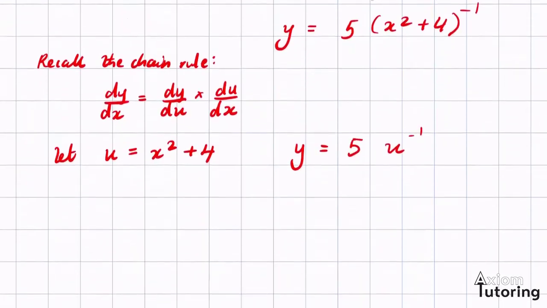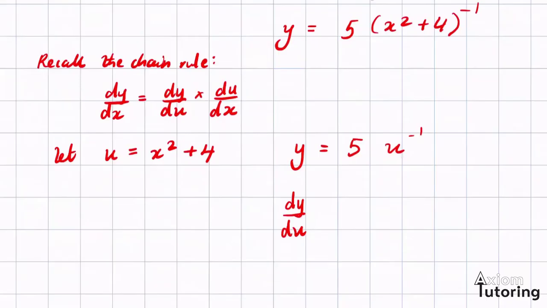And so now we have y in terms of u, and of course u is in terms of x. And so now we can apply our chain rule. Let's first find dy over du. So that's going to be this part here of our formula. So dy over du, we differentiate that using our knowledge on differentiating powers of x, but now we have u.